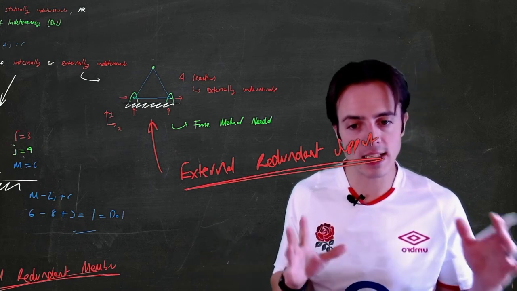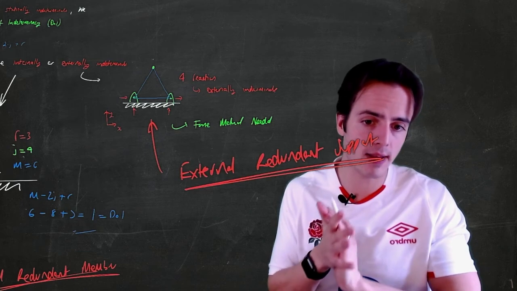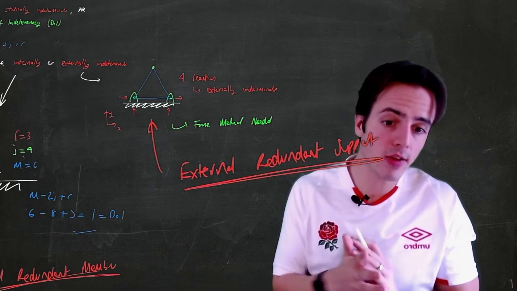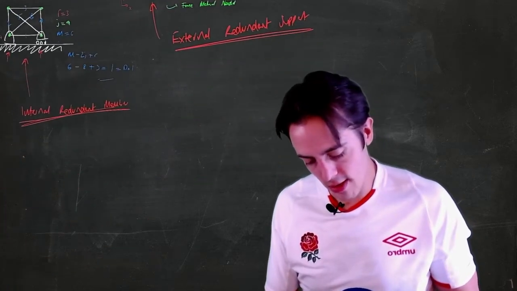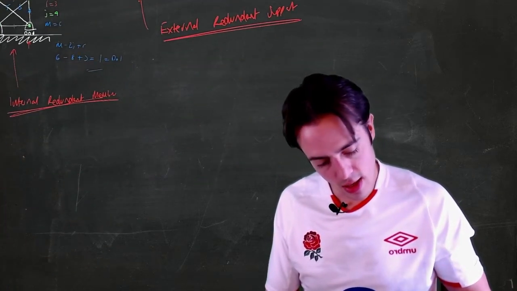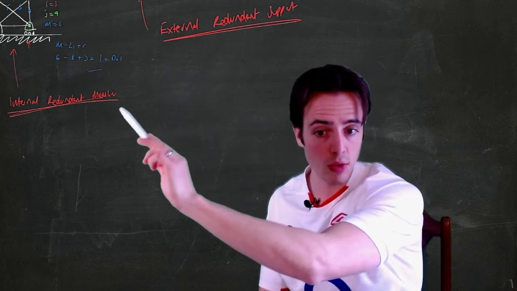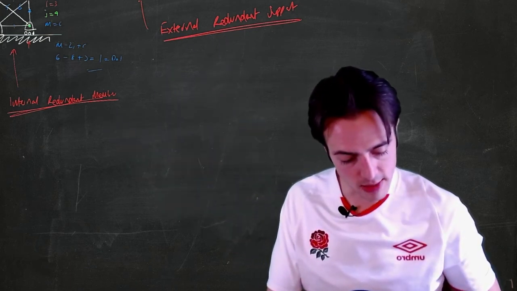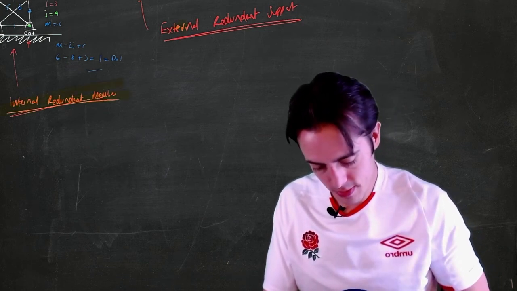It just means that there is a support force that is not required to maintain static equilibrium, but can help determine, say, a certain distribution of internal forces. So the way that we're going to determine either the external redundant support or the force in the internal redundant member, we're going to use the force method.